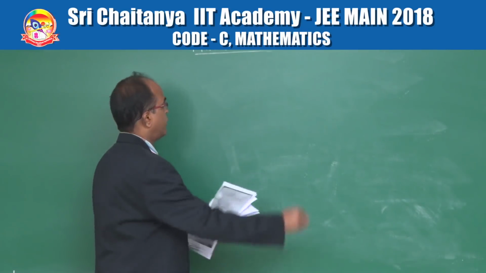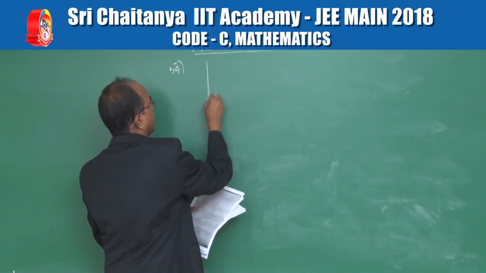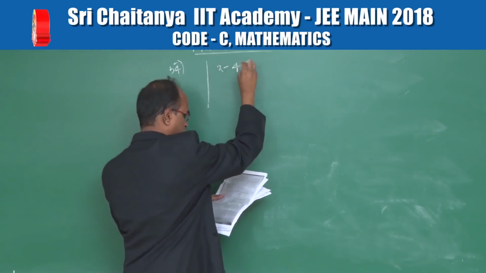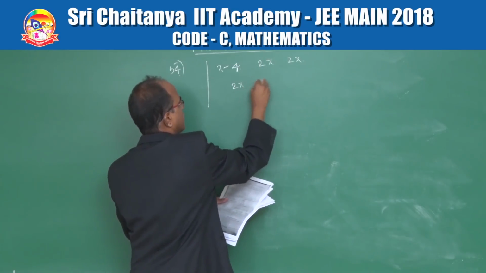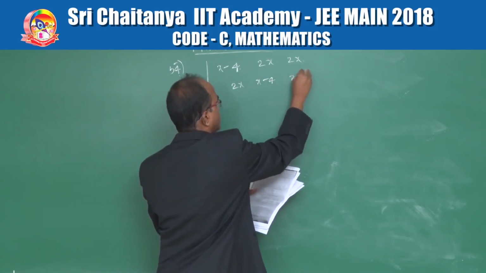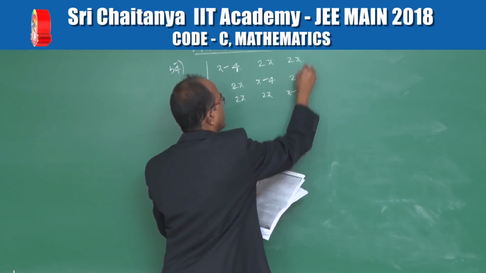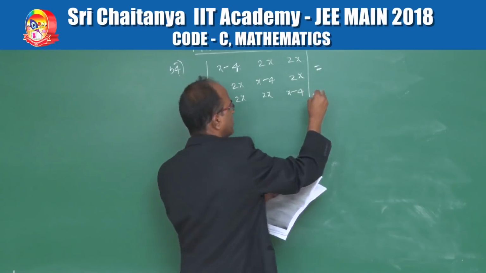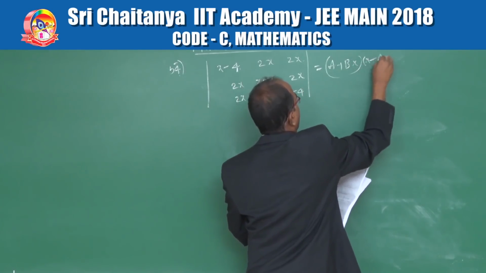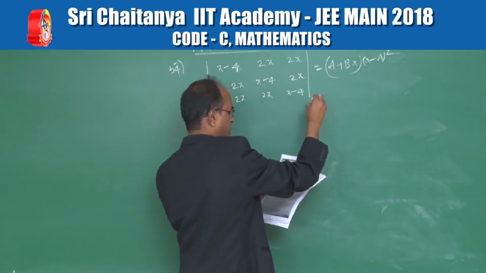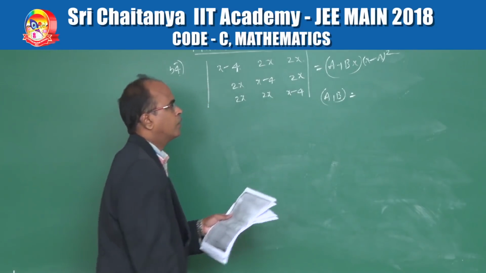We now discuss question 54. Given the determinant x minus 4, 2x, 2x; 2x, x minus 4, 2x; 2x, 2x, x minus 4 is equal to a plus bx into x minus a whole square, we are asked to write what is the ordered pair a, b equal to.